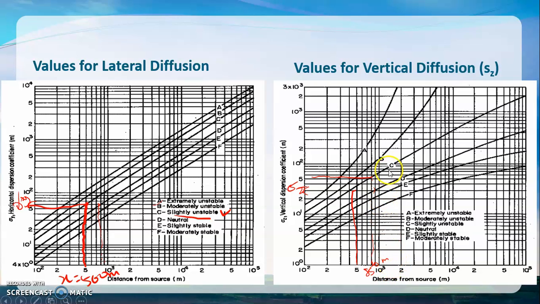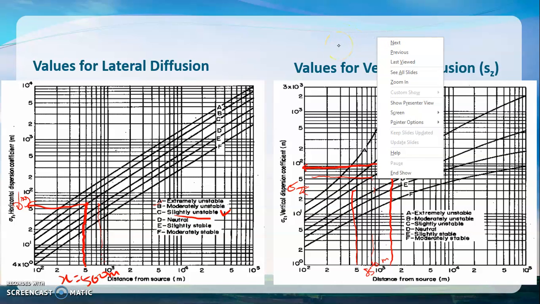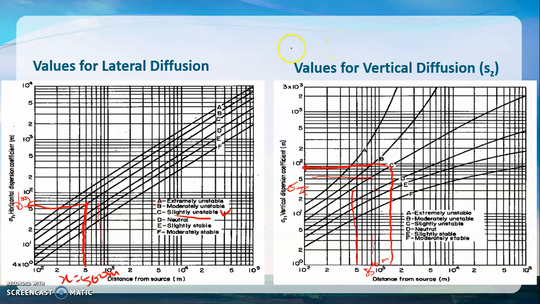So you choose class C. If you look in the book, they give sigma Z as 170. 170 is actually somewhere here, so I think maybe the book still used 3. So this is 3, and 1.7 is actually here.